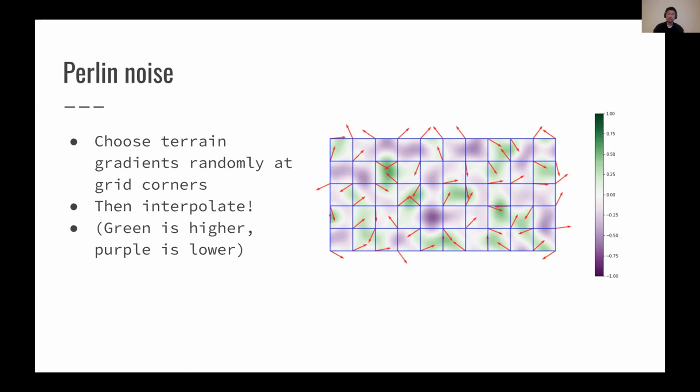These unit vectors are essentially going to correspond to the gradients of the terrain at each of these points. Once we've picked all of these slopes of the terrain at every grid point, we're just going to interpolate to figure out what the value should be at all of the intermediate points. In this example, we've got this heat map superimposed on top of the grid. Green means higher and purple means lower. If you look in this grid square, the three vectors assigned to the corners were all pointing inwards.